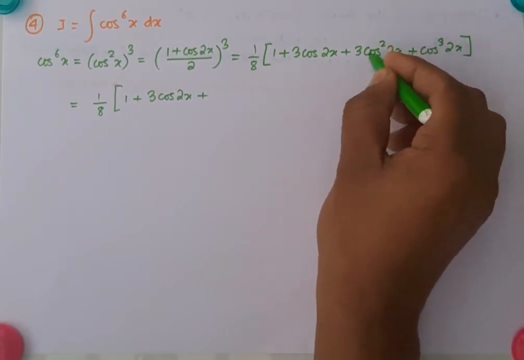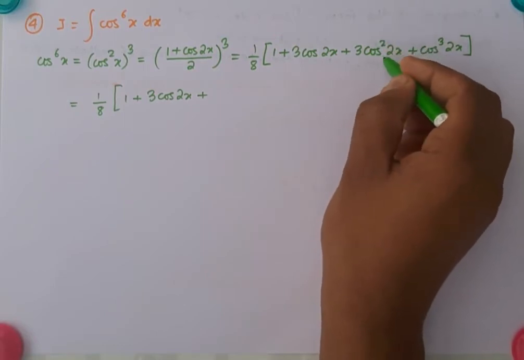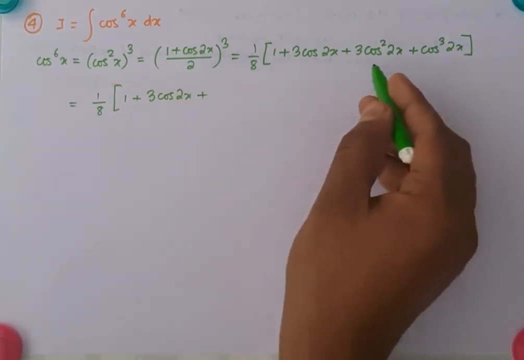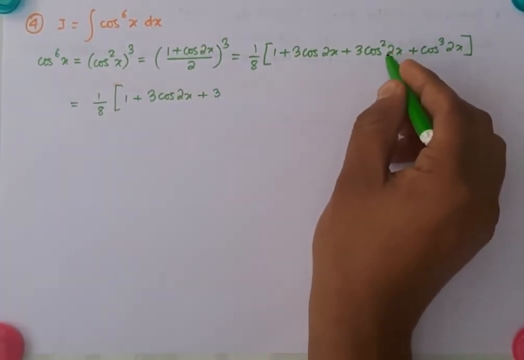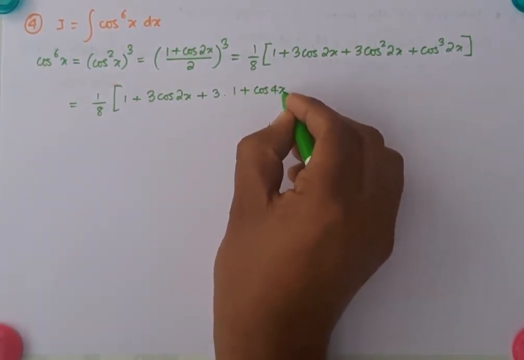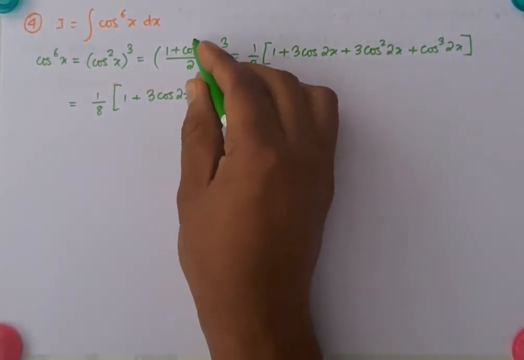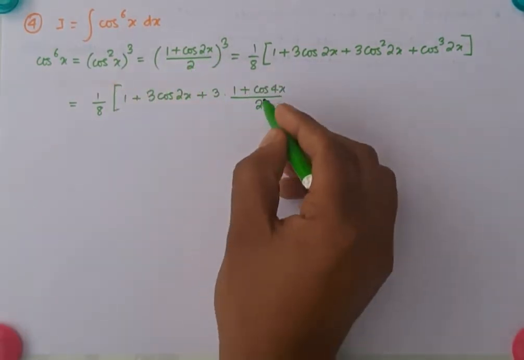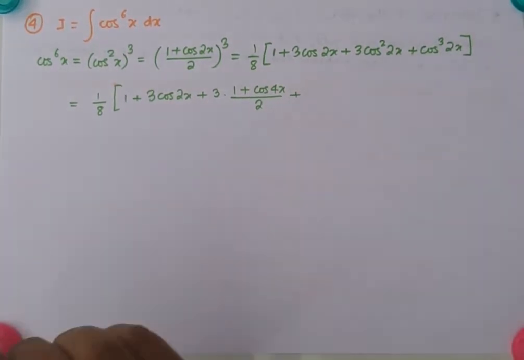We changed it using this formula only. So cos square 2x can be written as 1 plus cos 4x by 2. I'm using the formula cos square x is 1 plus cos 2x divided by 2. Now we have cos cube 2x.